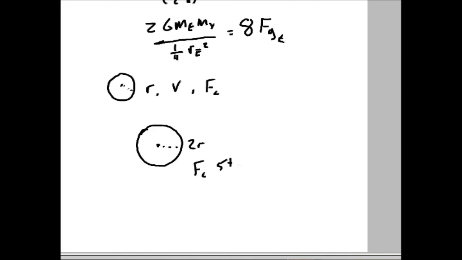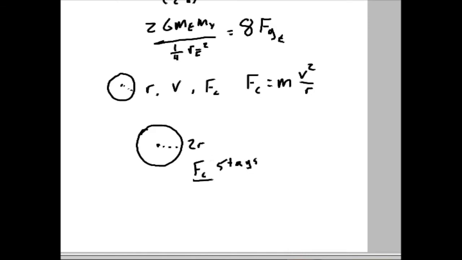Well, if I move out to a new distance and F_c doesn't change, that means that I have to have some new velocity. Now, to figure out what that new velocity would be, we have to look up here. So let's say up here, F_c is ma, and a is v squared over r.